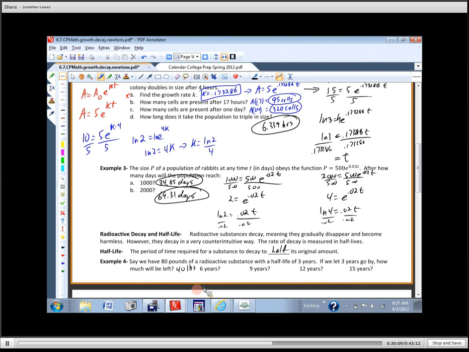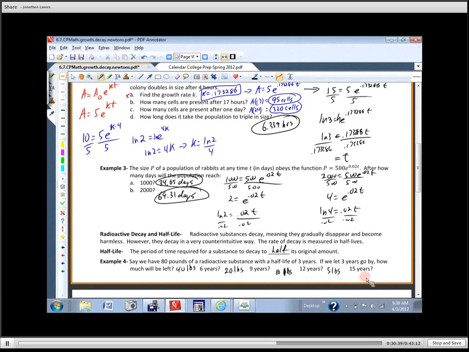So if we let another 3 years go by, so now we're 6 years gone by in total, half of what was there at 3 years is gone, so how much is left now? 20 pounds. Let another 3 years or another half-life go by, and half of that would disappear, so we're going to be down to 10 pounds. Let another half-life go by, another 3 years goes by, we're down to 5 pounds.